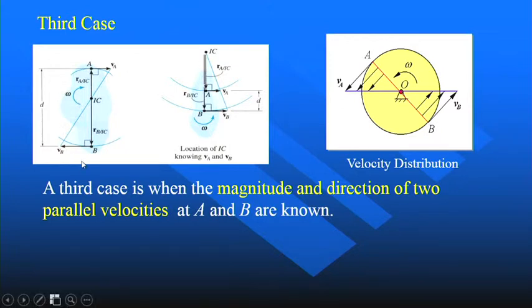And at the right diagram for the left case, the velocities at A and B are in opposite directions. So from the velocity distribution for rotation about an axis, we can judge A and B should be on the same diameter, but on the two sides of IC, right?